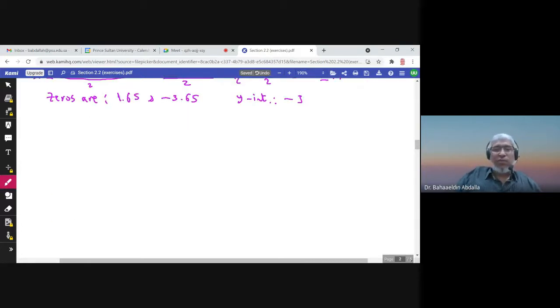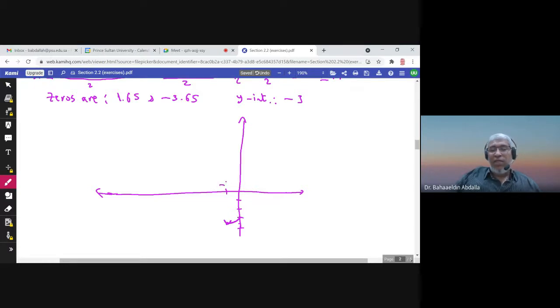That's good. So -1, -3.5. So this is the vertex, and it opens up. The y-intercept is -3, so it will go like this.